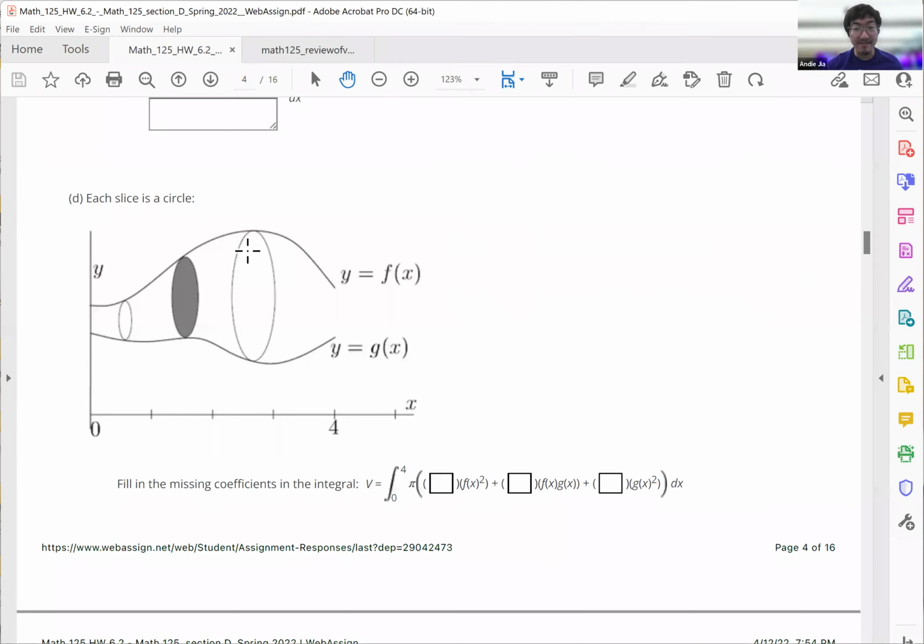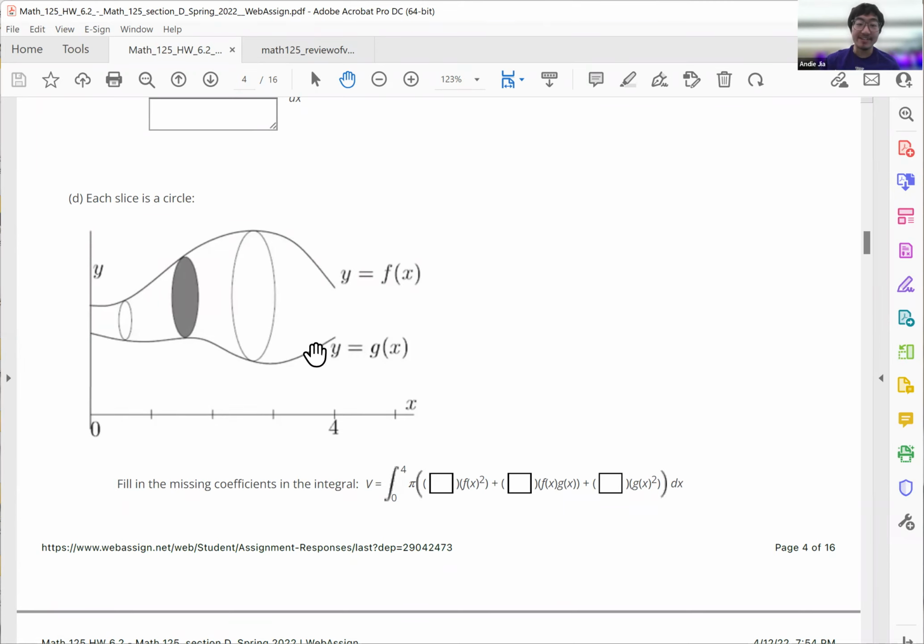Here it's going to be f(x) minus g(x), squared. We have an inner radius and an outer radius as we rotate about the x-axis, because in this part we are discussing volume obtained by rotating about a horizontal axis.